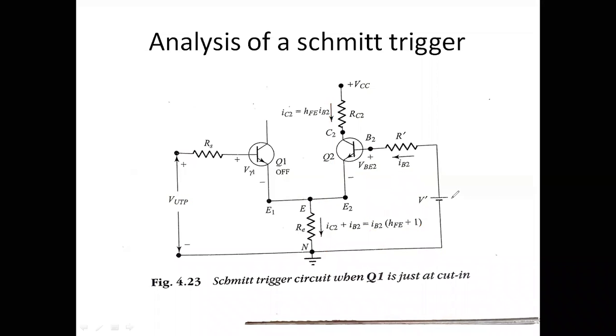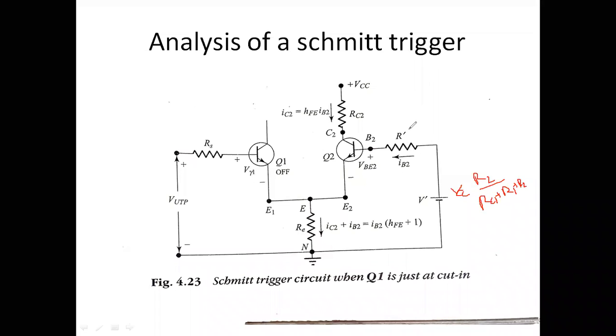This is the voltage which you have to find. It is VCC into R2 divided by the total resistance, that is RC1 plus R1 plus R2. This is your V dash, and this is RB.